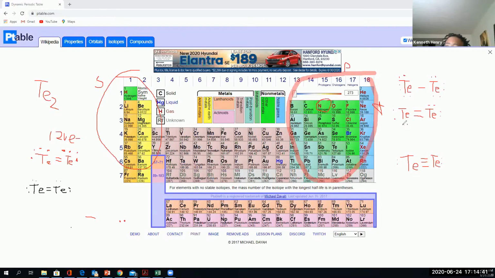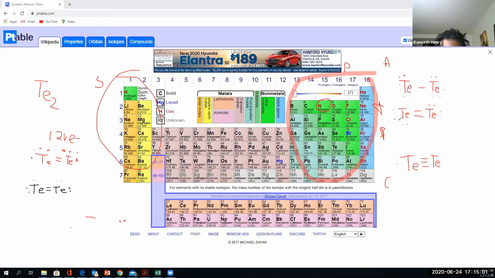Okay, Rachel, do me a favor. You see this one here? This is A. This is B. And this is C. Rachel, count how many electrons are around each of the telluriums.